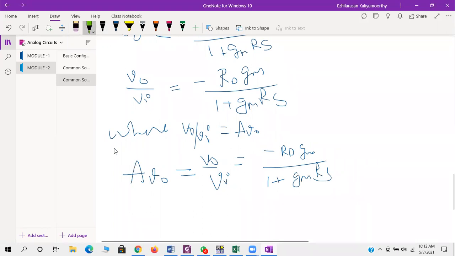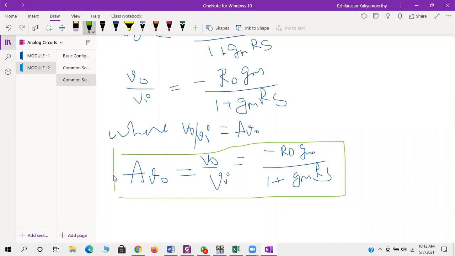This is the expression for open circuit voltage gain. Now, when you are including this RS, it will reduce the voltage gain by the factor 1 plus GMRS. Because RS is included, the voltage gain will be reduced.